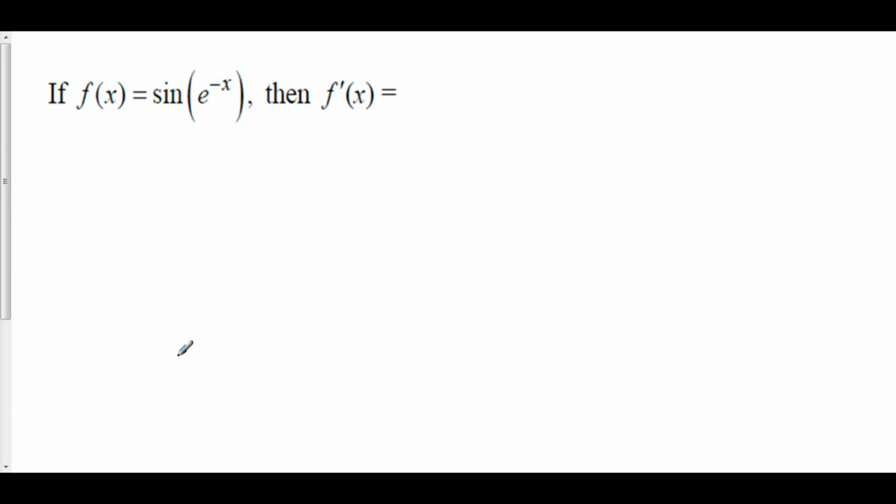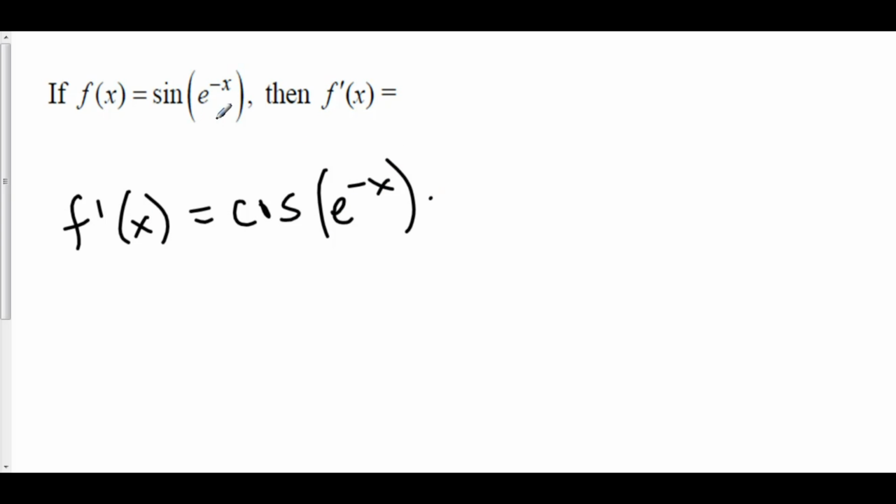If f of x is equal to sine of e to the negative x, then f prime of x is equal to, well, here we have sine of stuff. The derivative of sine of stuff is cosine of stuff times the derivative of this stuff. But here we have e to the stuff.